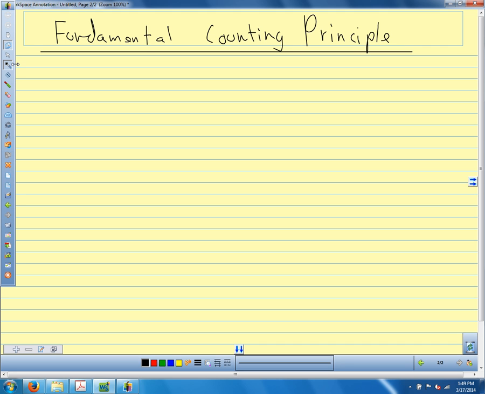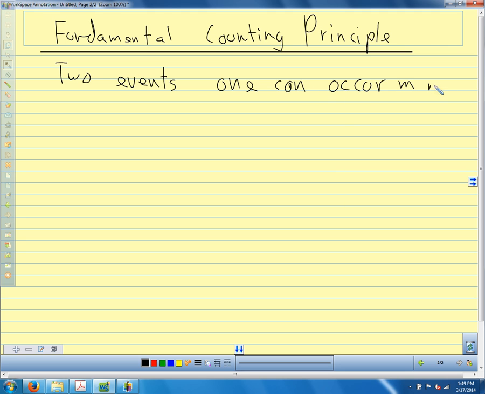We multiply. The fundamental counting principle tells us if we have 2 events, one of the events we just talked about was our pants and one was our shirts, and one can occur m ways and the other can occur n ways, together they can occur m times n ways.